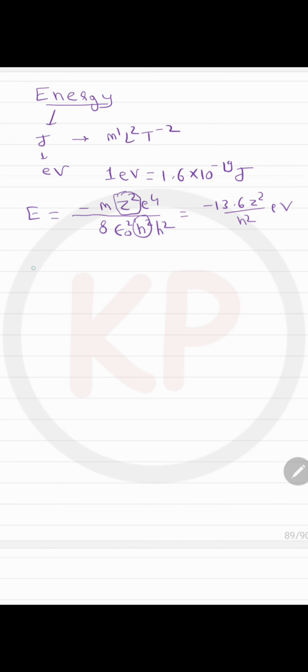Now this total energy E is the sum of kinetic energy and potential energy. Remember this. There is a relation between kinetic energy and total energy. Kinetic energy is the negative of total energy.